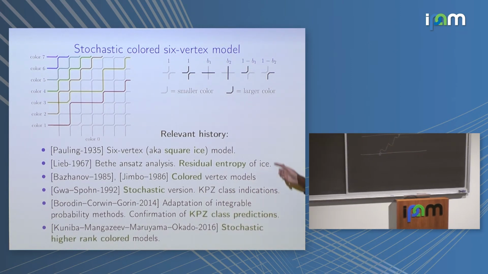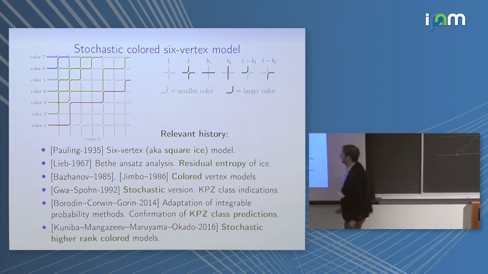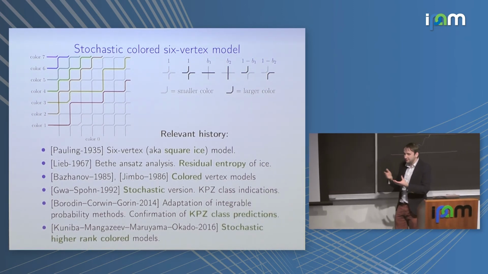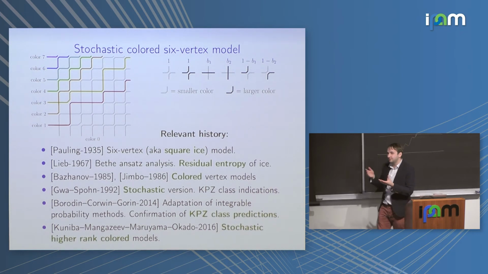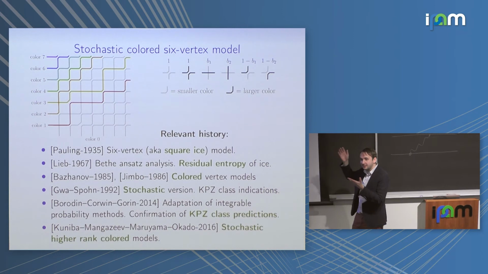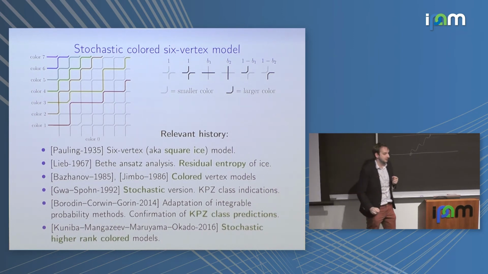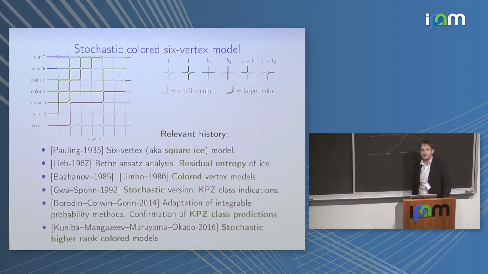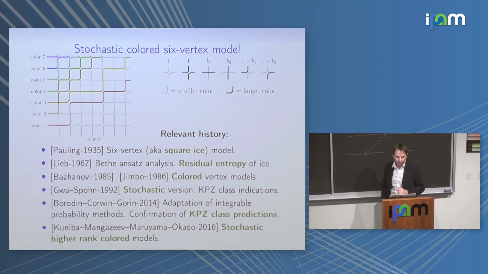It appeared like 50 years after the original introduction of the model, and that was when people realized that it is related to some representation theory, and then from the representation theory it was clear that you can actually add more things, and now it became clear how exactly you add these things. Now the stochastic versions appeared first in 1992 in the work of Gwa and Spohn, and then slowly all things got recombined, and now we can actually prove something about these models.